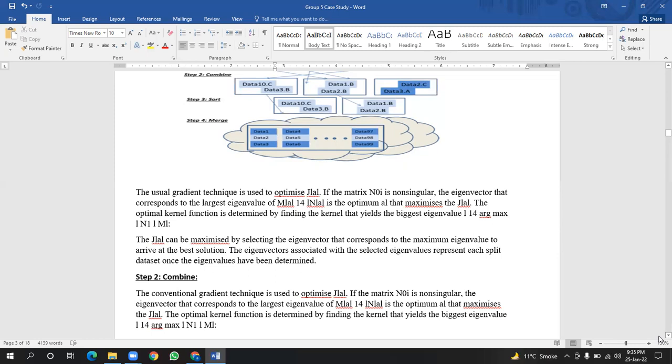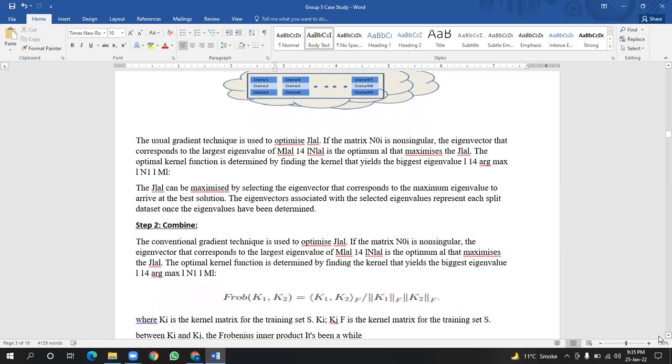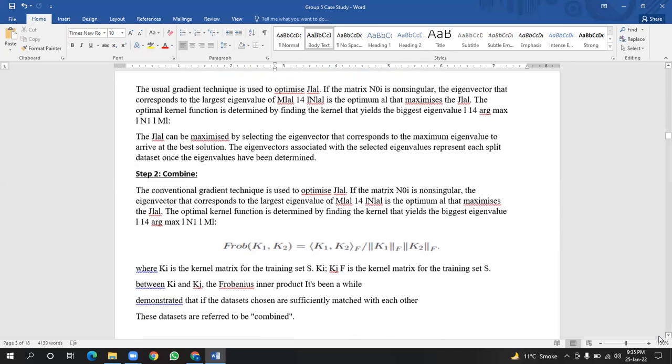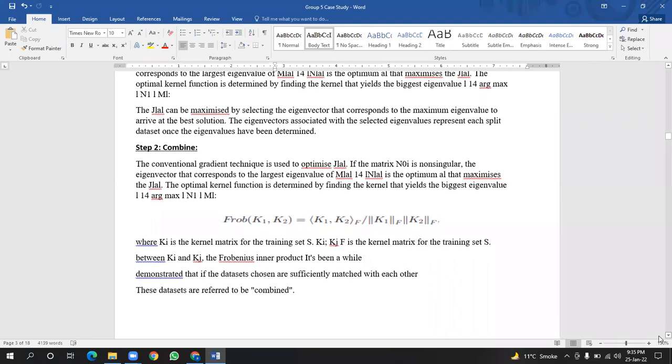The optimal kernel function is determined by finding the kernel that yields the biggest eigenvalue. So here is the maximum eigenvalue. So this J(A) can be maximized by selecting the eigenvector that corresponds to the maximum eigenvalue to arrive at the best solution. The eigenvectors associated with the selected eigenvalues represent each split dataset once the eigenvalues have been determined.